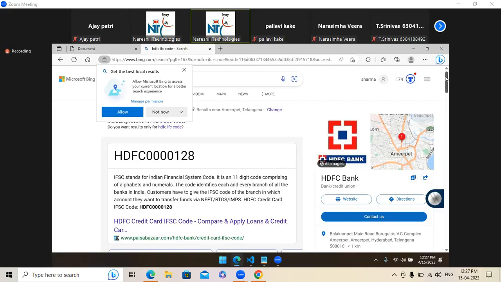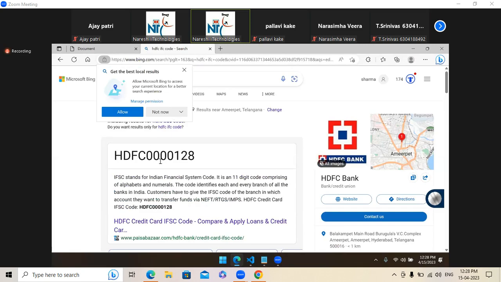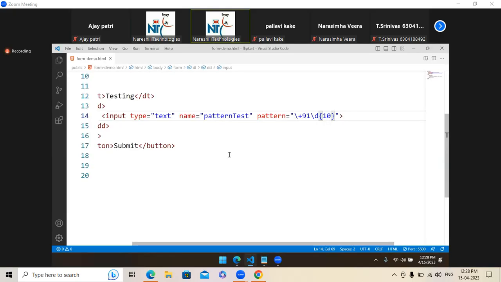How do we write? There is no space, nothing, right? It's a simple one. How do we write for this? We will write like this. HDFC0000. Up to this it is common. 4 zeros, up to this common. After that, what should be?